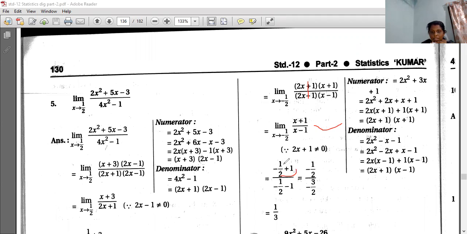Then it will be -1 plus 2 upon 2. So -1 plus 2, that will be 1/2.